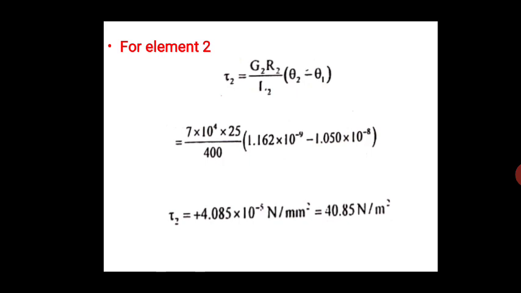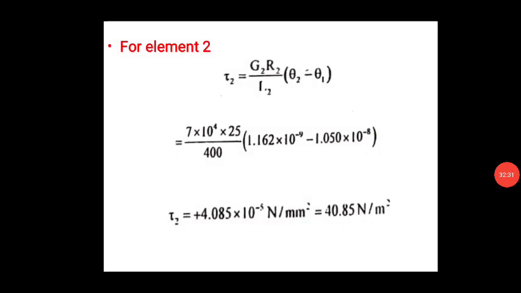So hence we have solved for the deformation, the angular twist in the element. We have determined the angular twist theta 2 and theta 3, and along with this we have determined the shear stress developed in element 1 and in element 2.